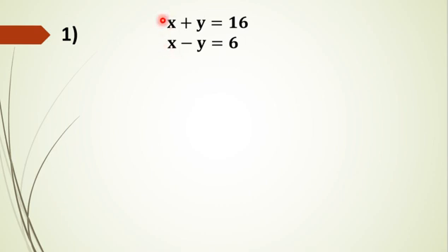Because hindi opposites ang numerical coefficients ng x. How about yung numerical coefficients ng variable y? We have positive 1 and negative 1. Are they opposites? Yes. At pag kinumbine ba natin, may eliminate ang y?